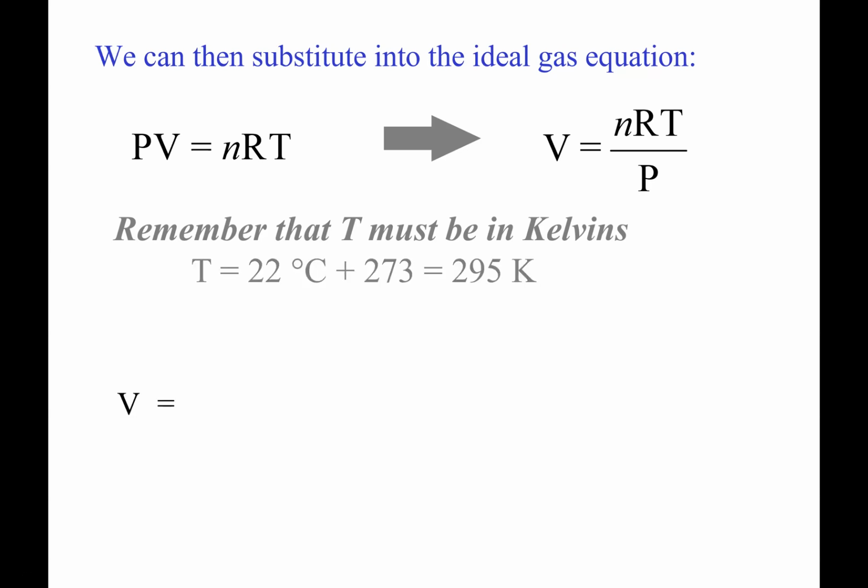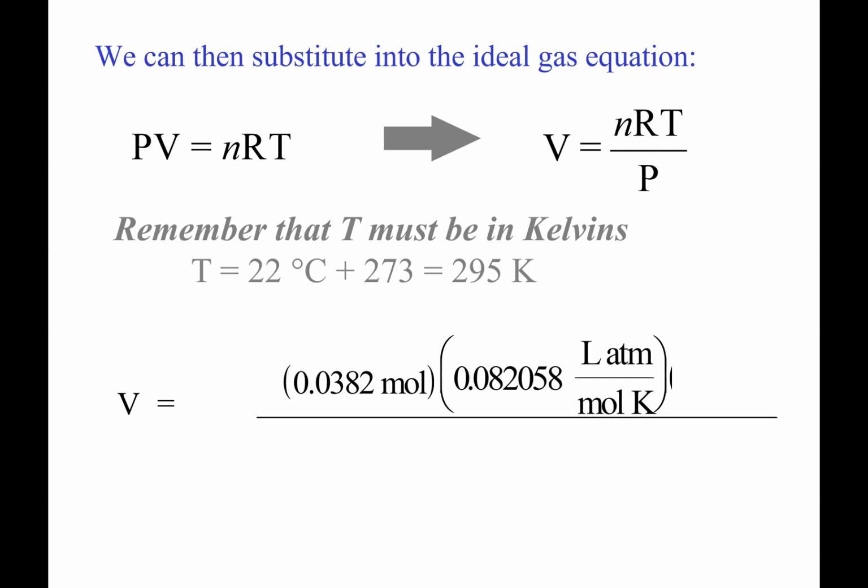In the numerator, we have the number of moles, which we said was 0.0382 moles. Also in the numerator, we have R, 0.082058. Units of R are liters atmospheres per mole Kelvin. And also in the numerator, we have the Kelvin temperature, 295 Kelvin. In the denominator, we simply have the pressure, which was 1.00 atmospheres. Unit-wise, moles have canceled, Kelvin has canceled, and atmospheres have canceled.